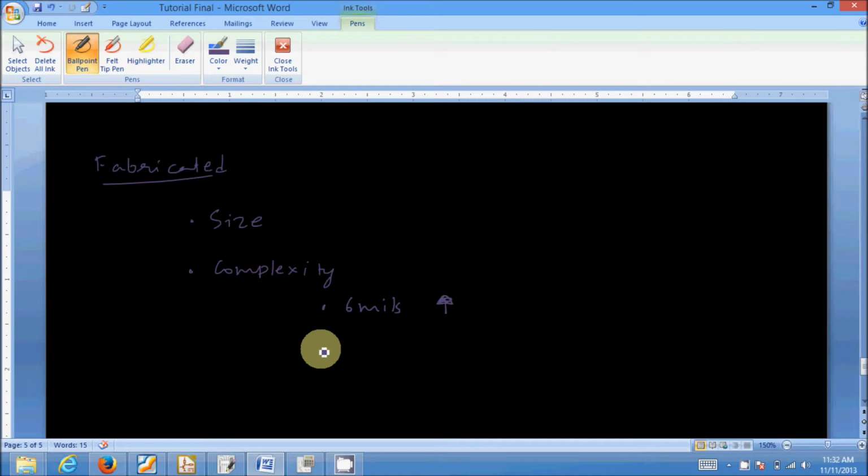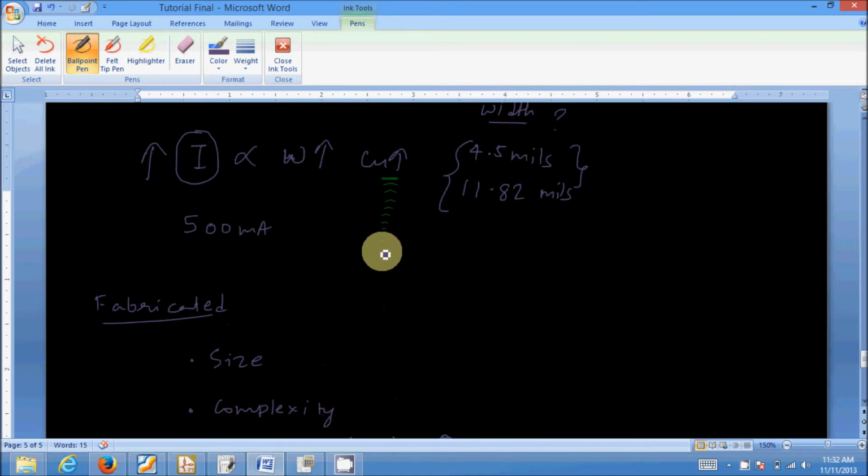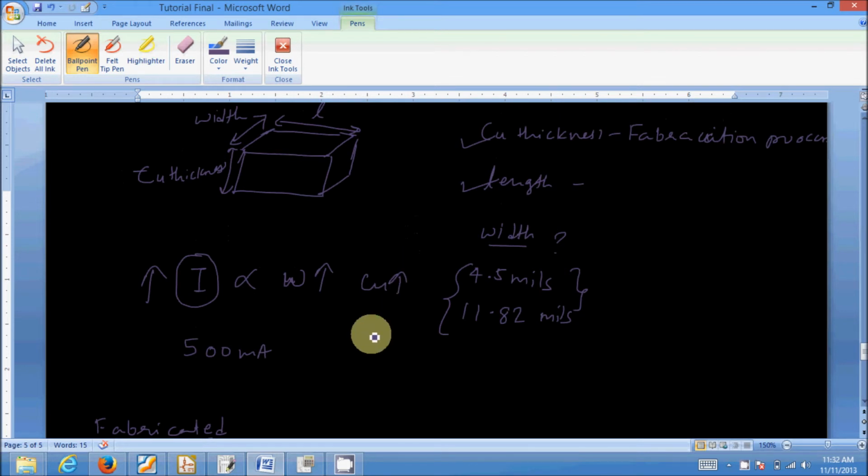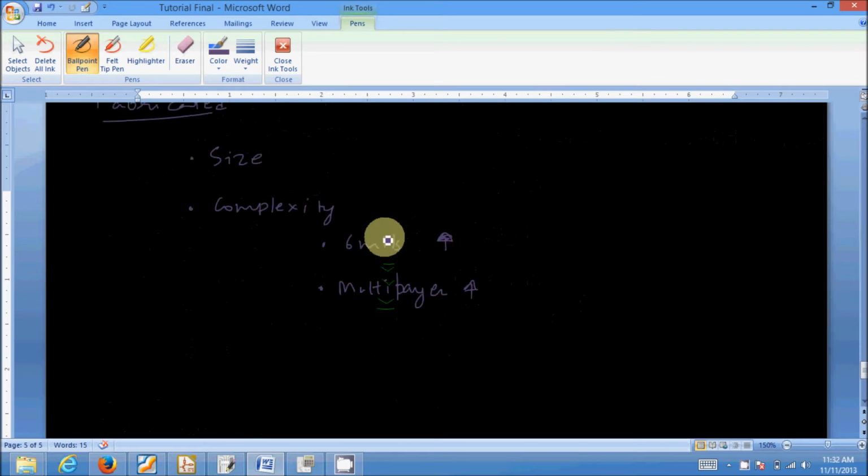And again, if it is a multi-layer design, the cost of the board goes up again. So what we have determined is the minimum width that is required. If you are able to make track widths more than the minimum, it's always better. And with the layers, the fewer layers you use, the better.